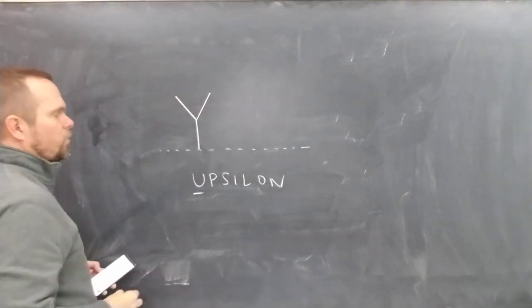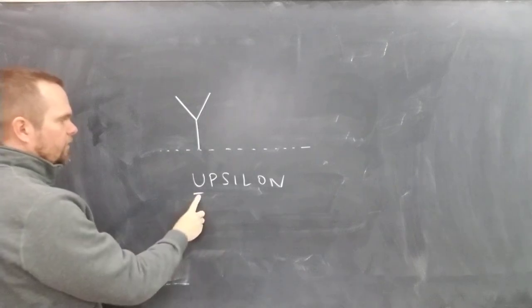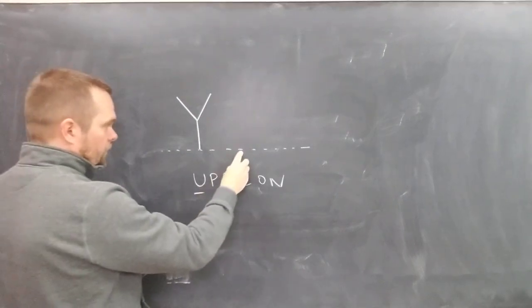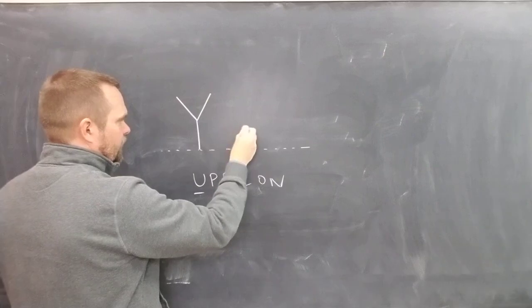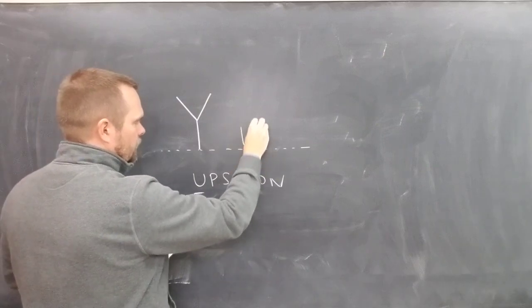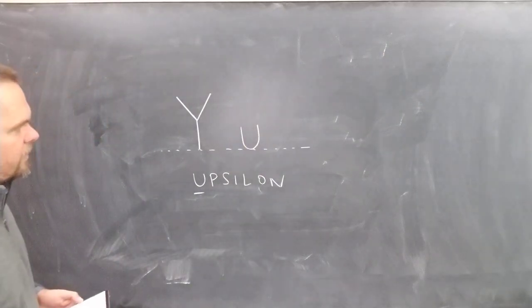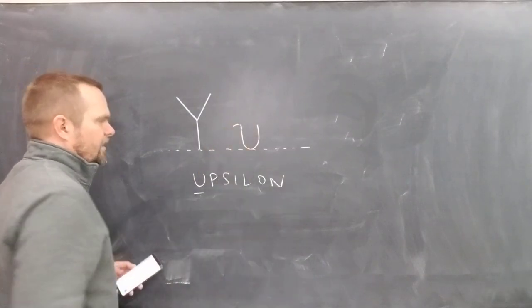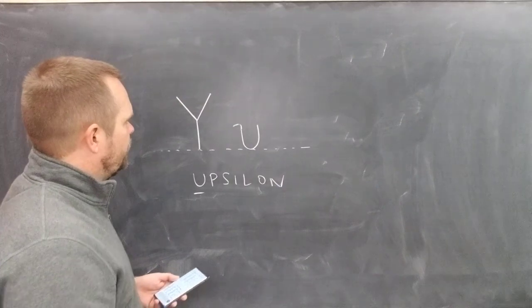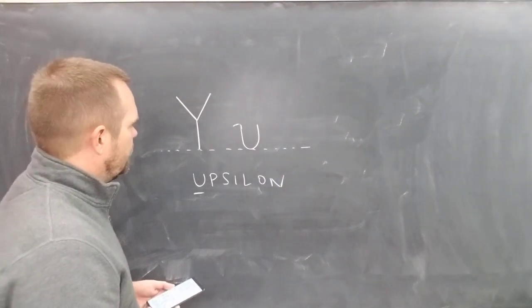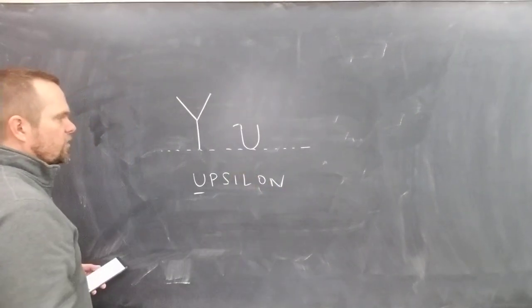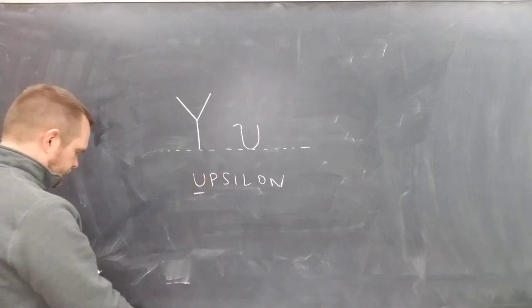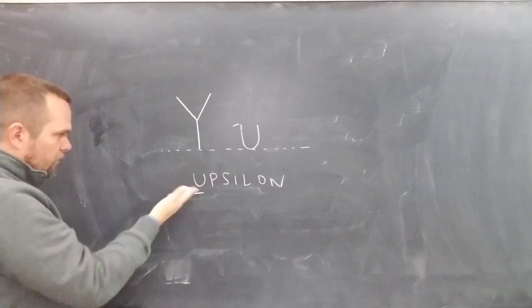The lowercase form can be written just like a lowercase u, but usually it'll have a tail or some kind of fancier script form. This is upsilon. It means simple u.